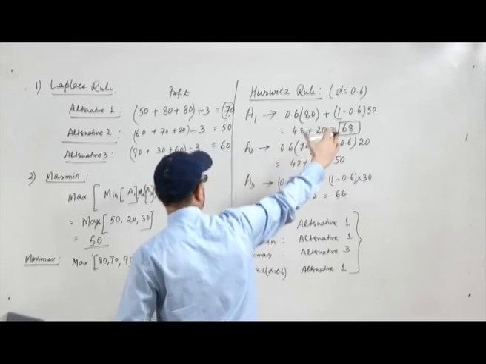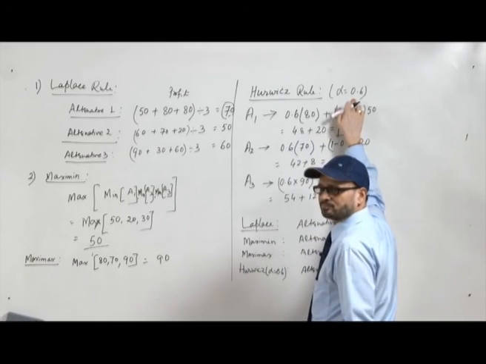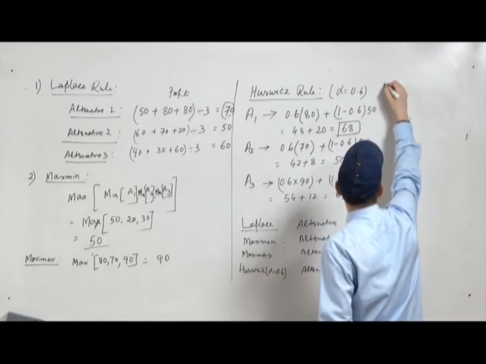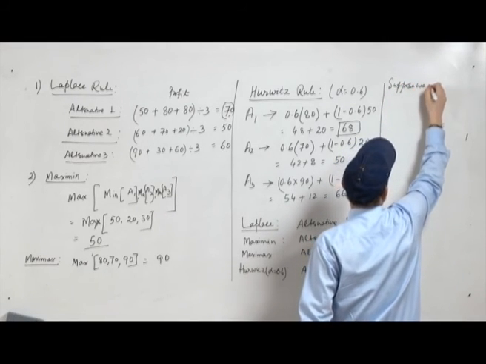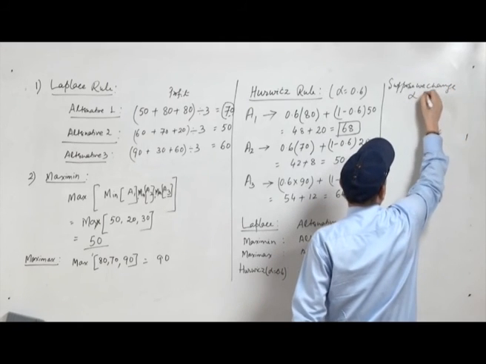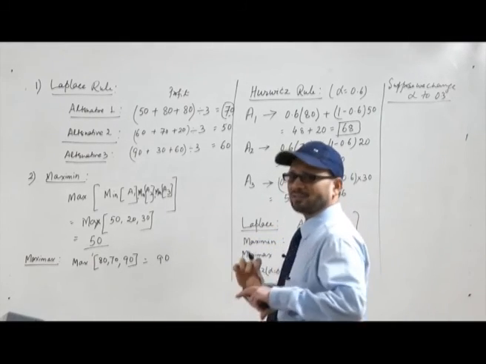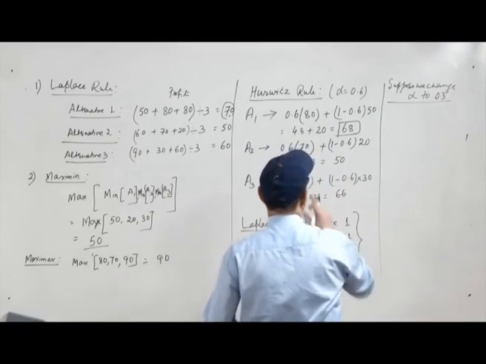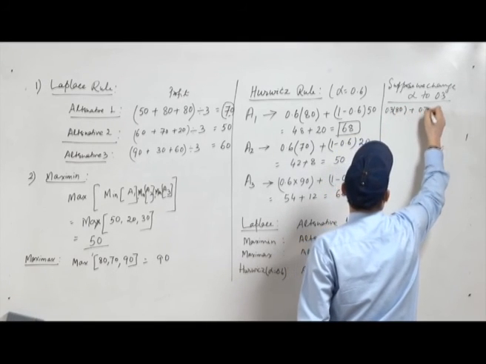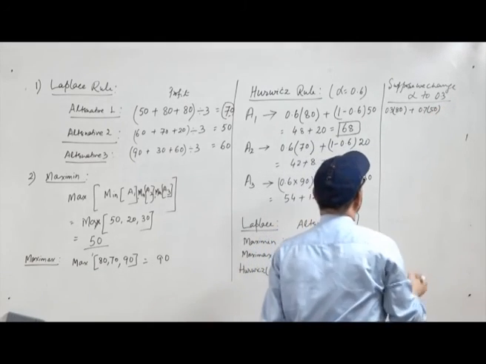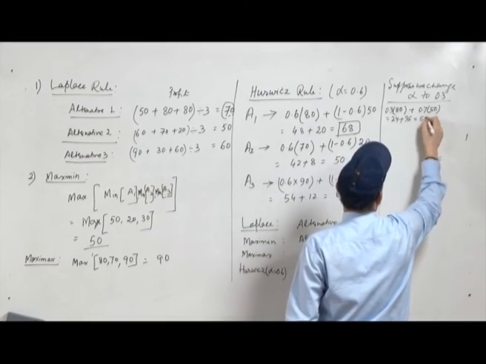Hurwitz can have different values if we change the alpha. Suppose we change alpha to 0.3. Now, this will change its value. In that case it will be 0.3 multiplied by 80 plus 0.7 multiplied by 50. So, it will be 24 plus 35, that is 59.